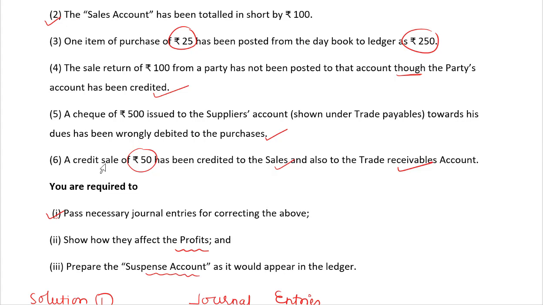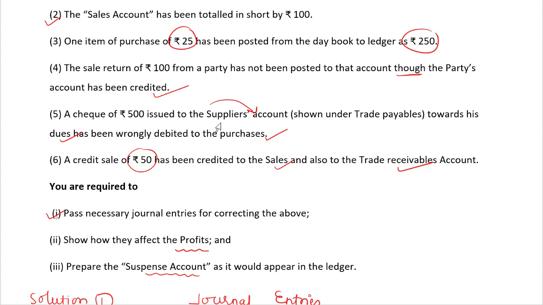Trade payable we have not recorded, and we will rectify that. So we should debit what?